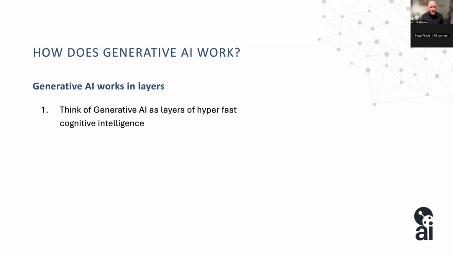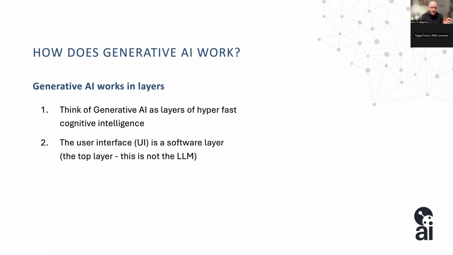So how does it work? Well, it works in layers, as I mentioned before. Generative AI uses these layers in a hyper-fast manner, somewhat like human cognitive intelligence, System 1 you might say in psychology terms. The user interface is the software layer. So when you log in and access ChatGPT, you're interacting with a software layer. You're not interacting directly with the LLM.